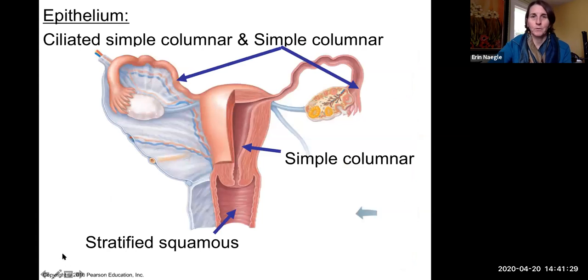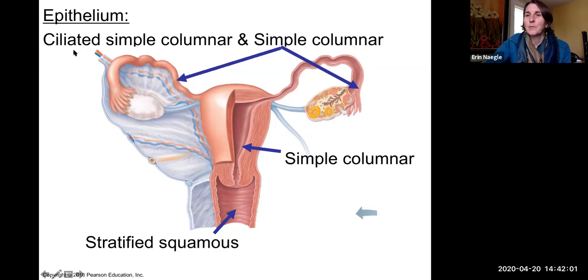All right, so we talked a little about connective tissue, and the importance of skeletal muscle tissues in helping to keep the uterus and urinary bladder in place. Now let's talk a little bit about epithelium, another tissue. As you saw in both of those animations, the uterine tube is lined with a combination of ciliated simple columnar epithelium and simple columnar epithelium.